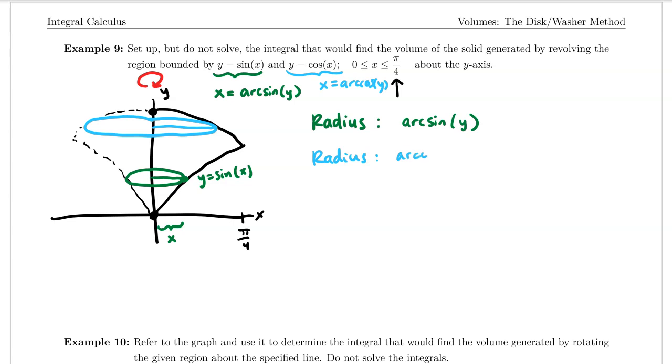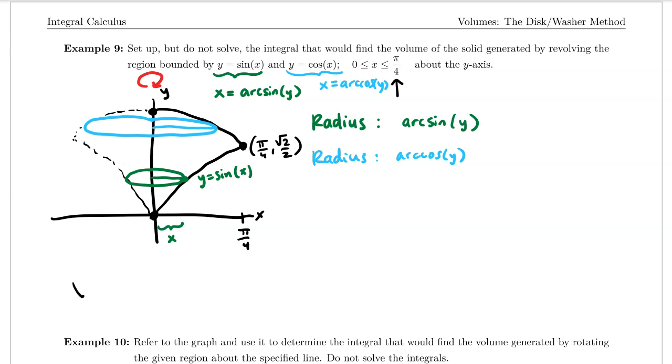So that's going to be our radius for the blue disk. And now we're going to need to set up our two definite integrals. And as a reminder, we said earlier that this ordered pair here is pi over 4, comma root 2 over 2. And we need the root 2 over 2 so that we can create our limits of integration.